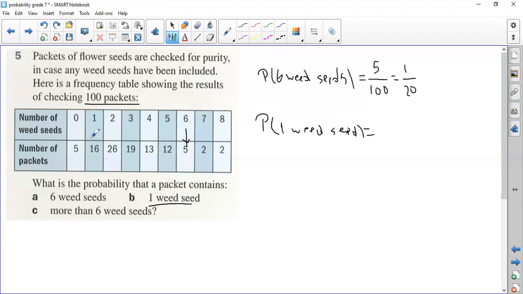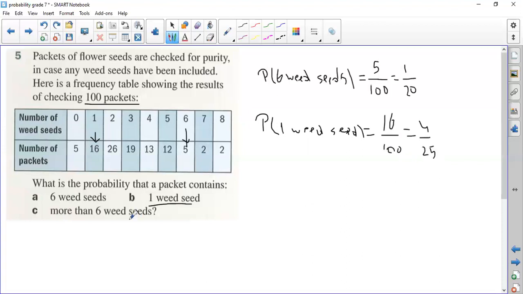The number of packets which has 1 wheat seed is 16. So it will be 16 over the total, which is 100. If you simplify this by 4, it will be 4 over 25.